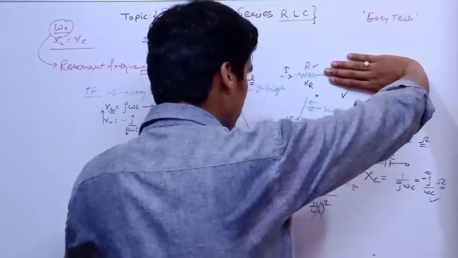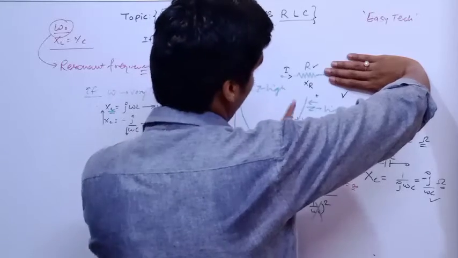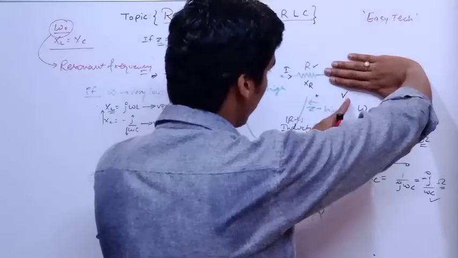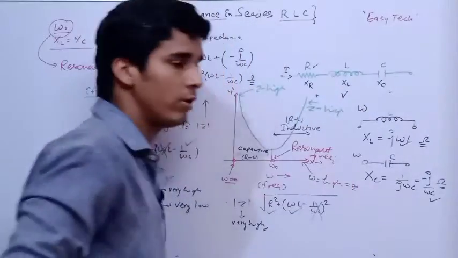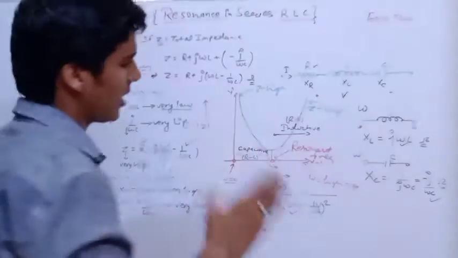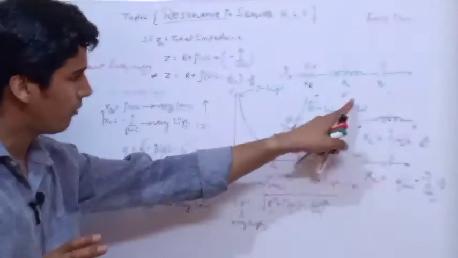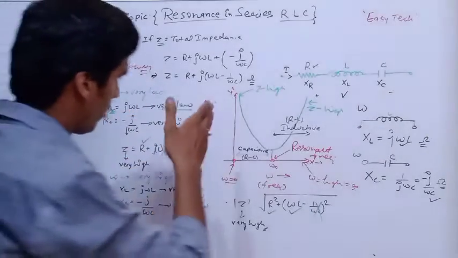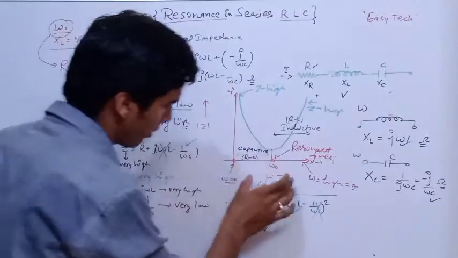So the phase difference between voltage and current is always 0 degrees, or you can also say current will be in the same direction as the voltage. Okay, so this was the variation diagram of total impedance with respect to frequency.